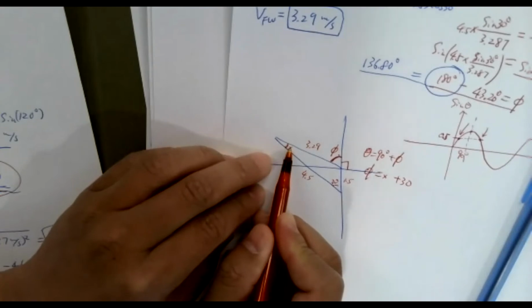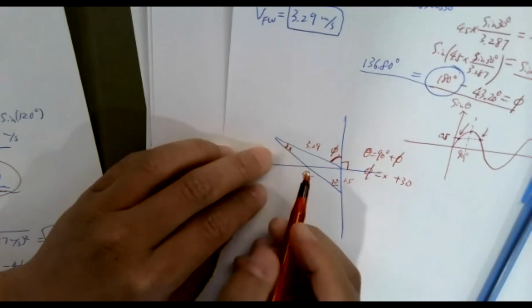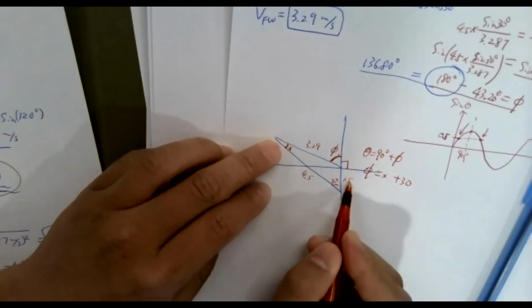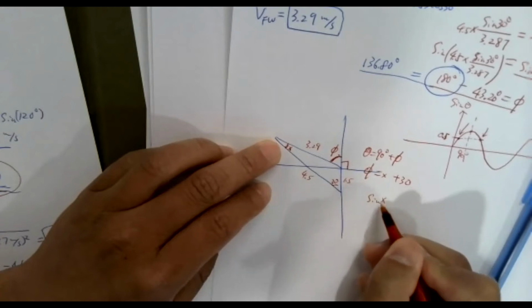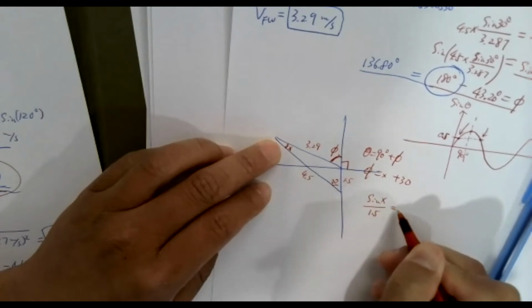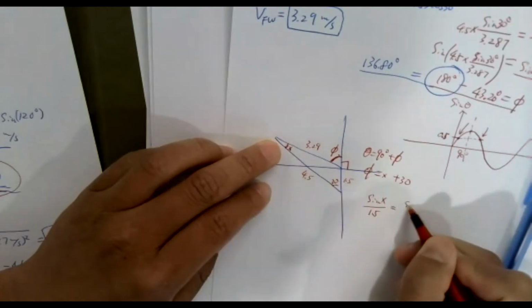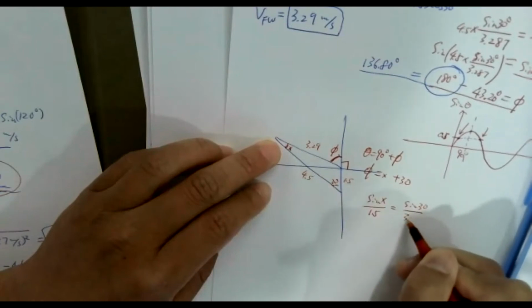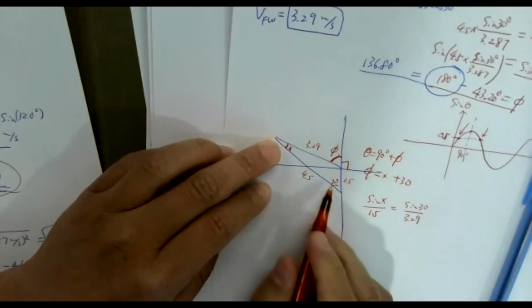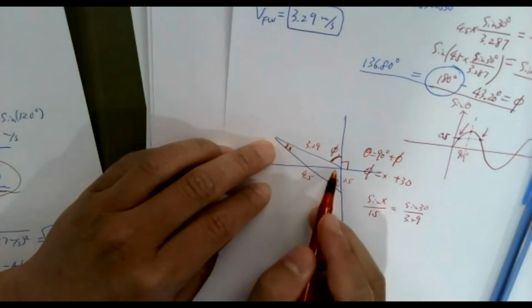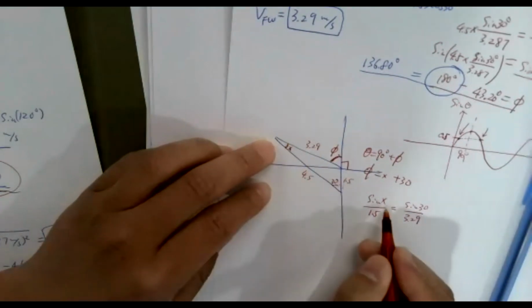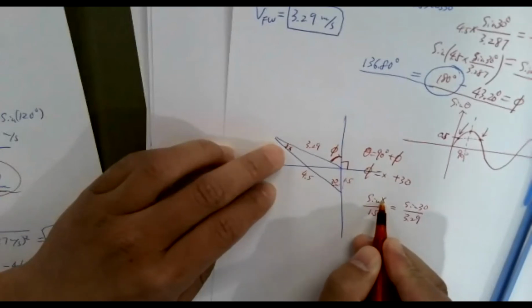If you do law of sine, sine of this x over 1.5 equals sine of 30 over 3.29. Sine of 30 over that is sine of this angle over this. Then you can solve for this x angle.